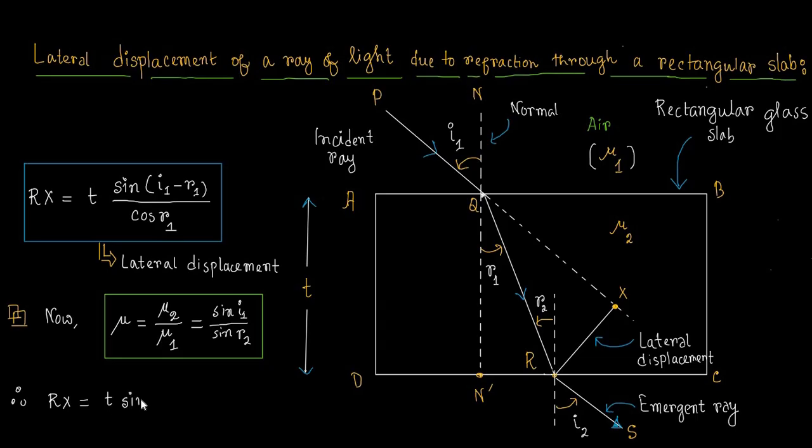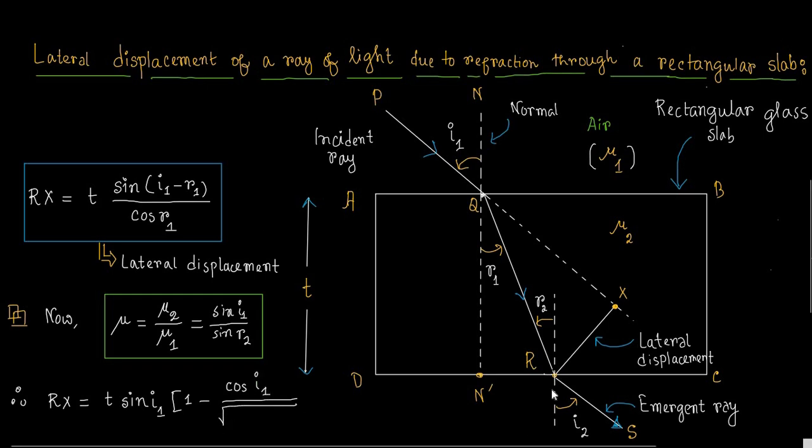Rx has another expression, that is t sine I1 times (1 minus cos I1) divided by the square root of (mu square minus sine square I1). So this is another expression of lateral displacement.